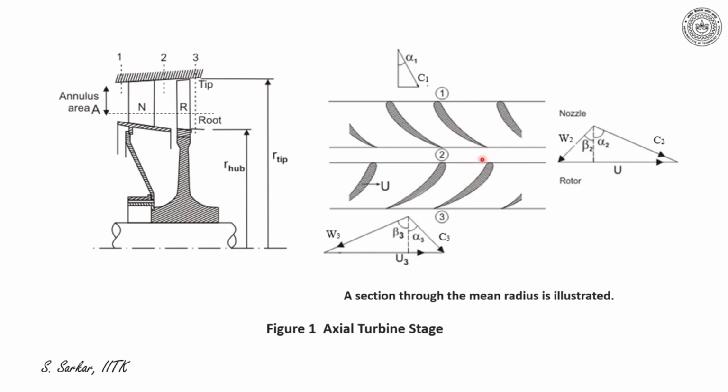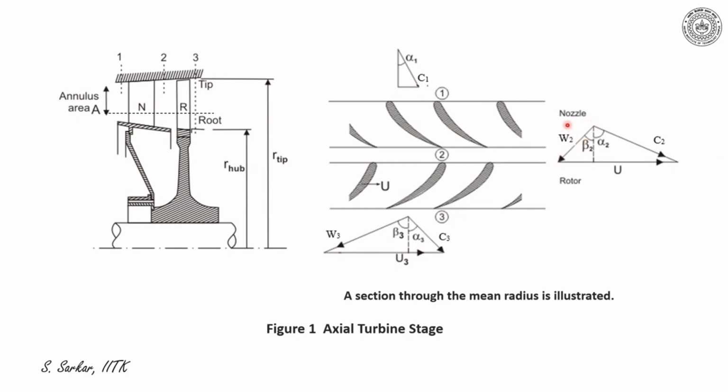C2 will be the absolute velocity at station 2, which is also the inlet to the rotor. Thus, at station 2, I have indicated the velocity triangle as W2 plus U is equal to C2.